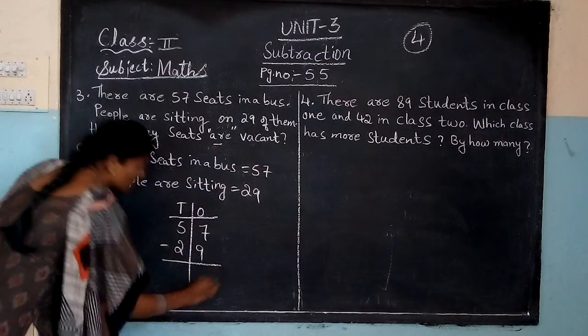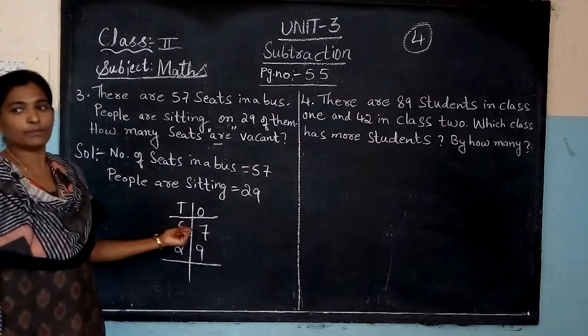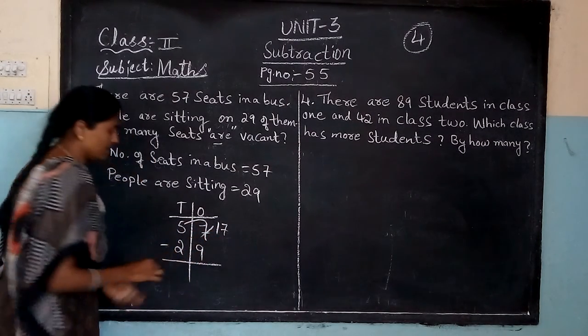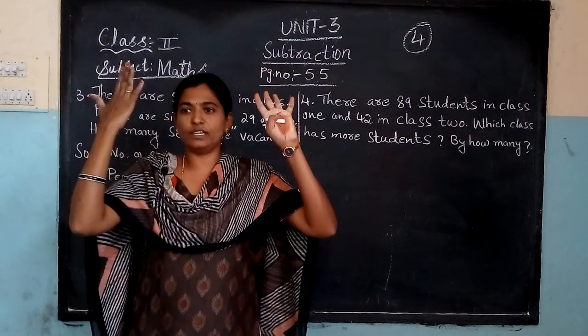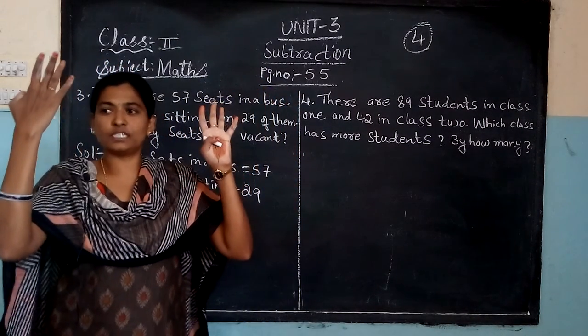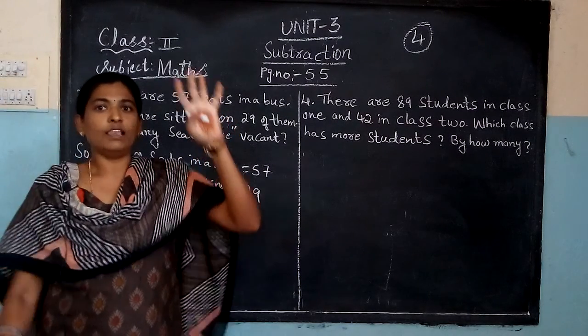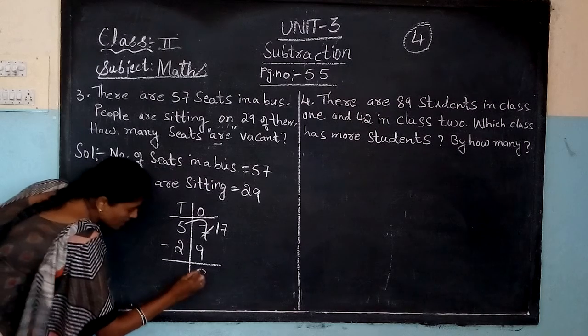29. Yes, from the small number onwards you cannot take away 9. I have to borrow from the tens column. What did it become? 17. Yes, 17 in the mind and 9 on your fingers. 17 before 16, 15, 14, 13, 12, 11, 10, 9, 8. Yes, 8 you got.